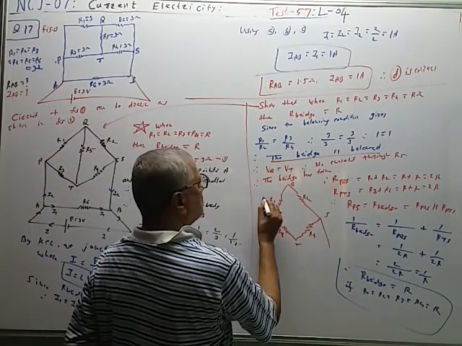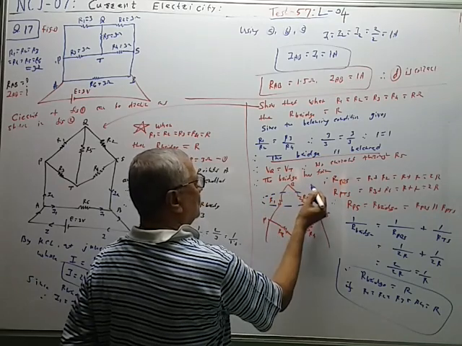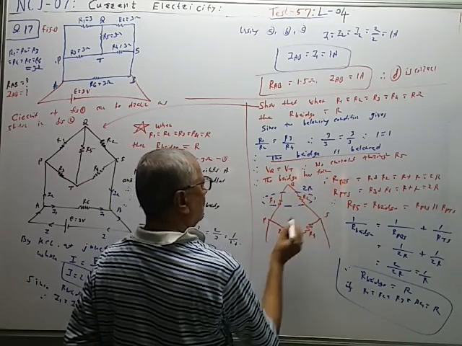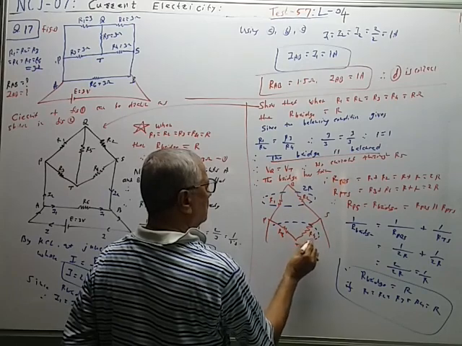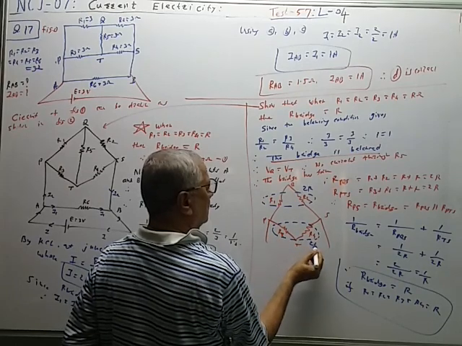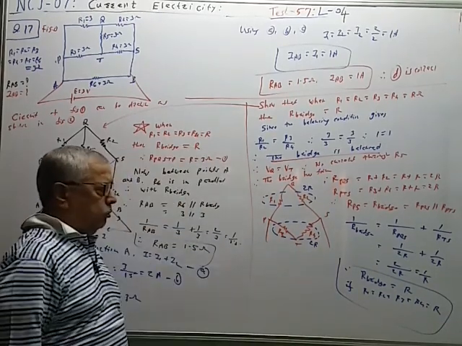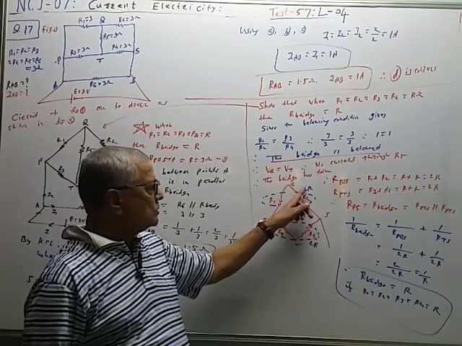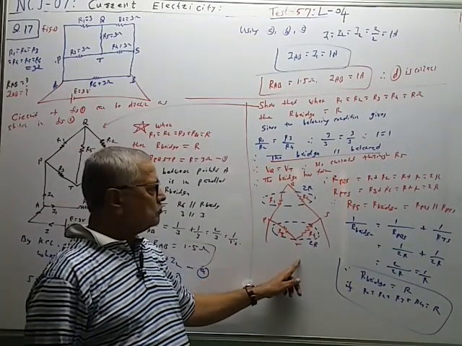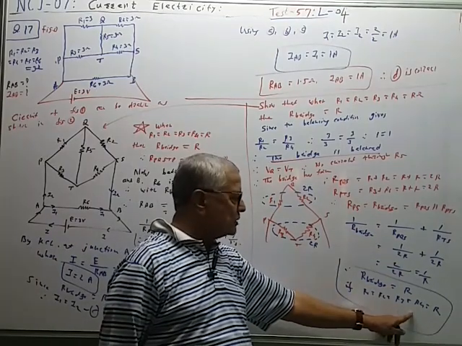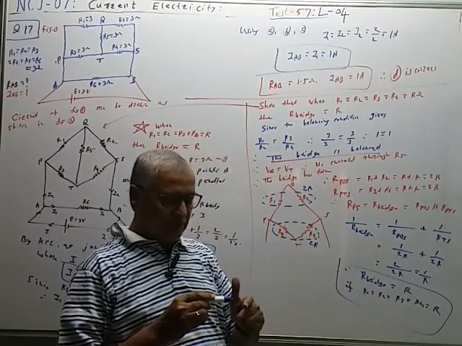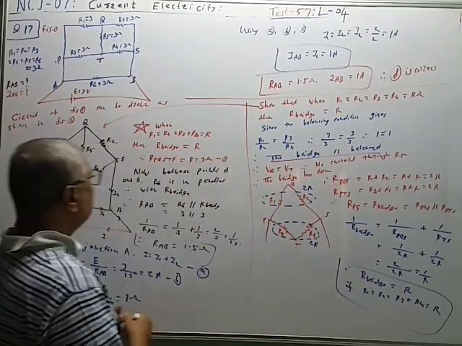So this resistance is 2R. This resistance is also 2R. They are in series. So this is 2R, this is 2R, they are in parallel, and therefore using this parallel combination formula, we get this is the answer. So here universal property लक्षात ठेवा.